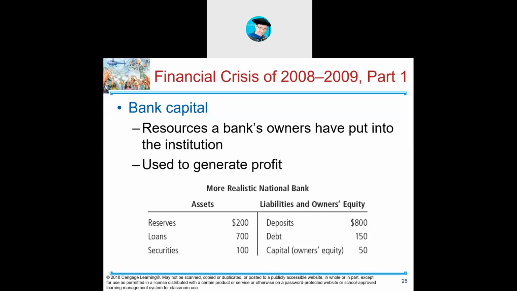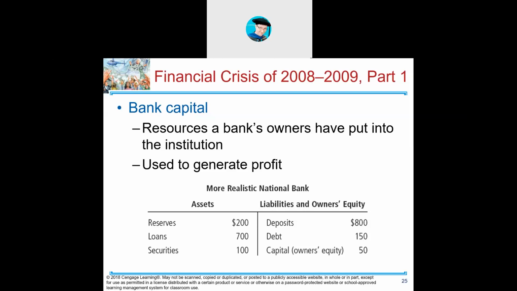On a balance sheet for any company, including banks, they'll have assets on the left, liabilities and equity on the right. For a bank, our assets are reserves, loans, securities, and liabilities and equity are deposits, debt, and capital, owner's equity capital. And that capital, bank capital, is used to generate revenue.